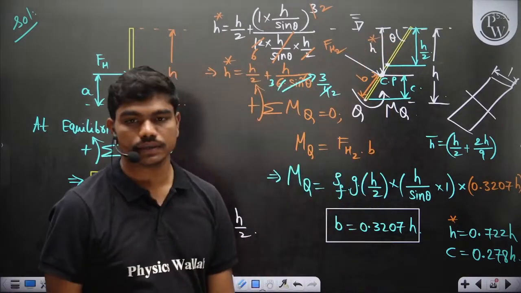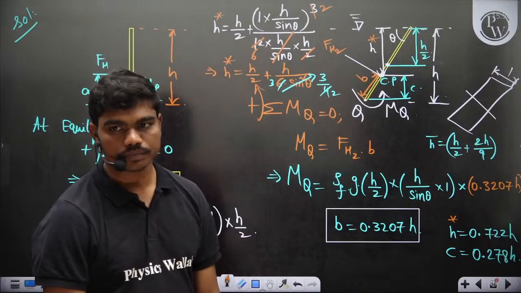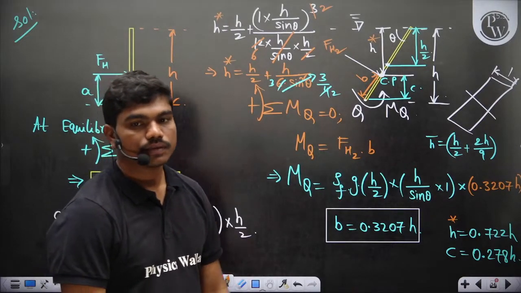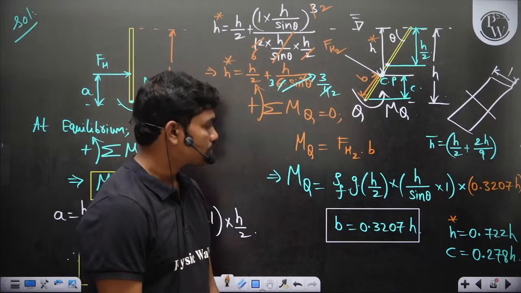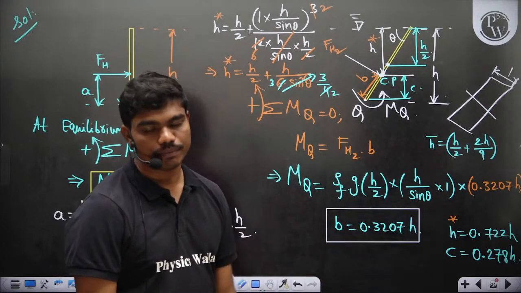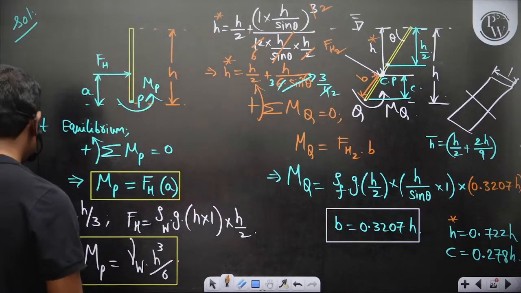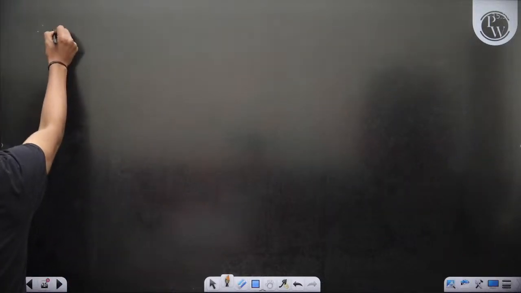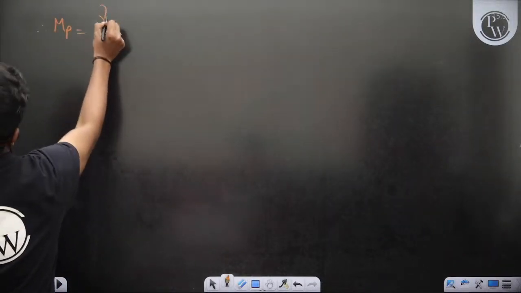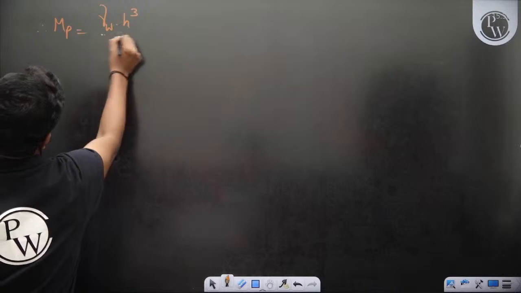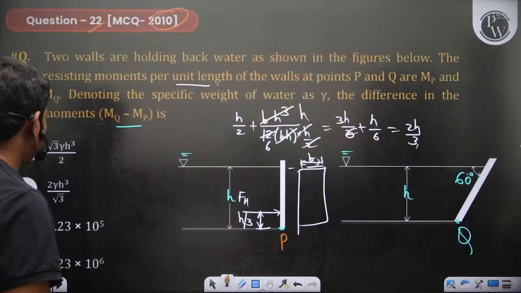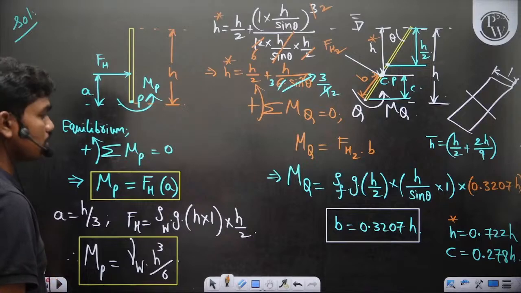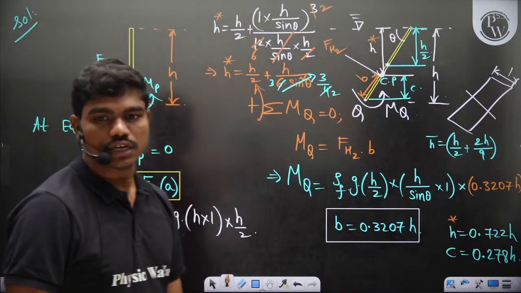Okay, now it's fine. Clear? Is this okay or no? Type it in the chat box. This is the value of B, of course. So what will be the value of MQ? MP is equal to gamma w h cube by 6 minus, I think they want us to keep this root 3 by 2s.